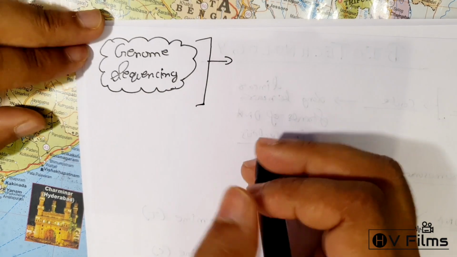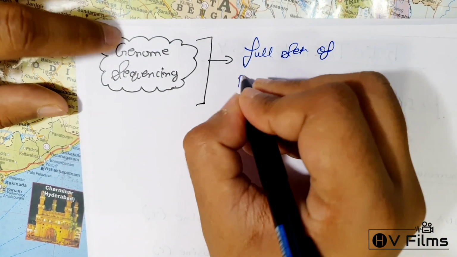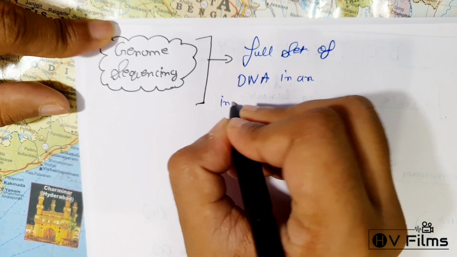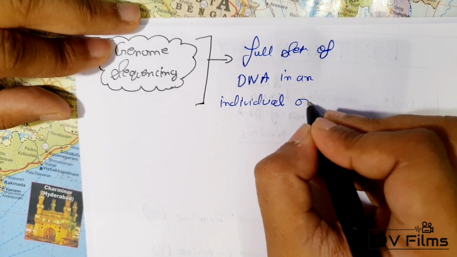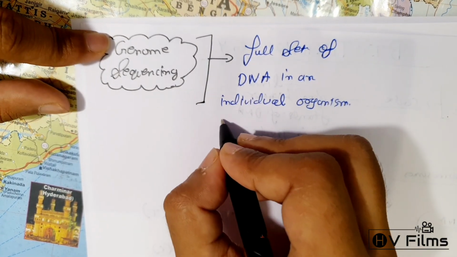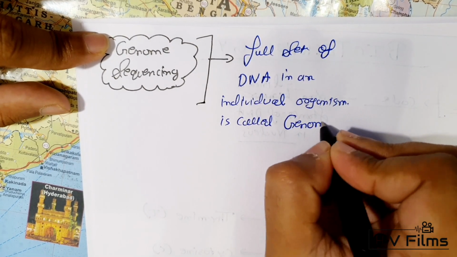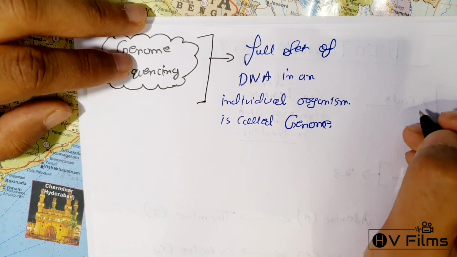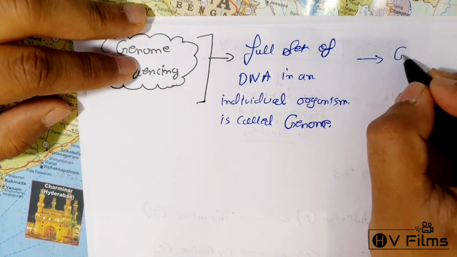So let me write it here: the full set of DNA in an individual organism is called the genome. So when we map out a person's entire genetic code, this whole process is what we call genome sequencing.